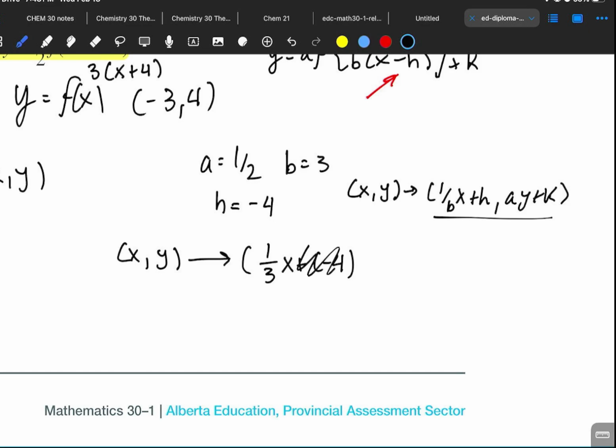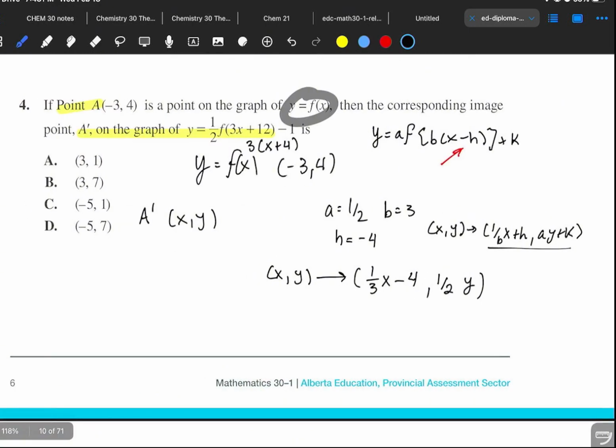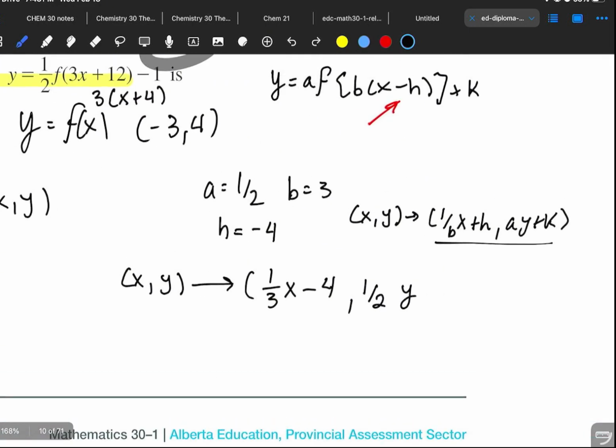So x plus -4, which just becomes x minus 4. And this would be our transformed x value. In terms of our y value, we just say 1/2 y. And then we have to add the k value here. So our k value is equal to -1. So we're just going to plug in our value: y plus -1, which is the same as subtracting 1.